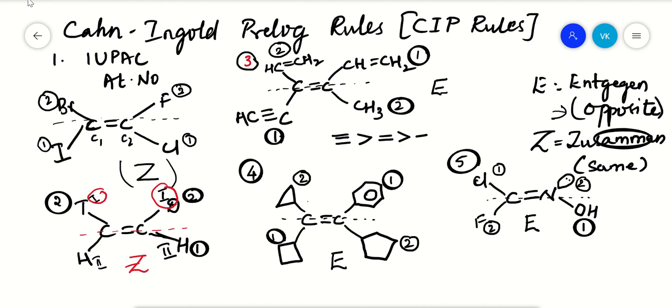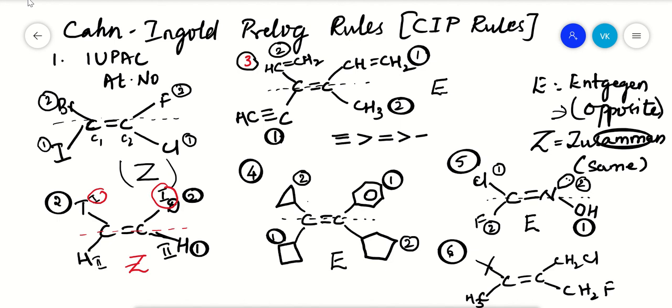Now let us take one more example. If two groups are the same, this is the sixth rule. If you are having a configuration like this, this is your CH2 and Cl, and you have CH2 and F, and this is your cyclopropane, this is your tertiary butyl group, and this is your CH3.